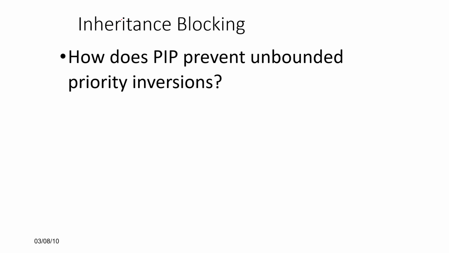So the key point is that it does, in a sense, prevent unbounded priority inversions, because its level is raised, right?